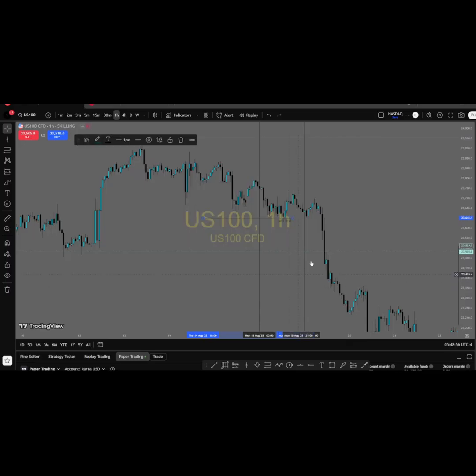Right, now we have that. So once we get a sweep, we have swept this liquidity, which is in the form of Friday's low, the sell side liquidity. We swept it on Monday and price closed back inside that range as we have seen on the daily chart.